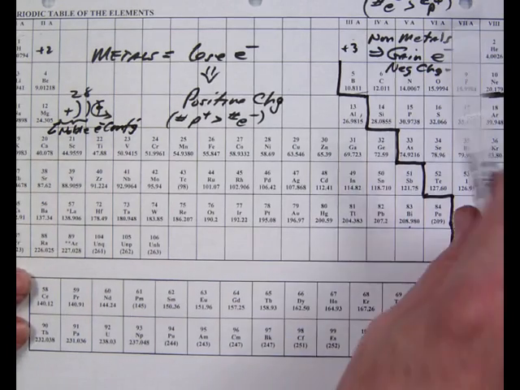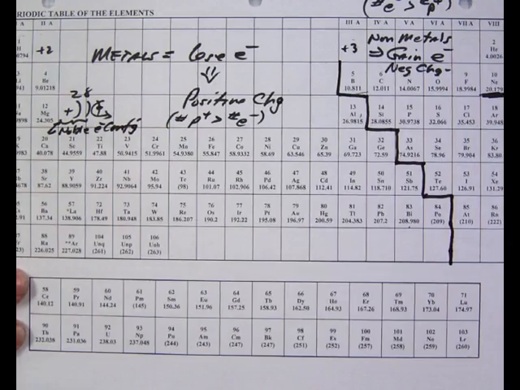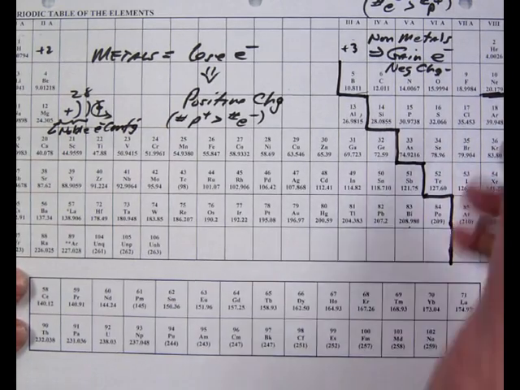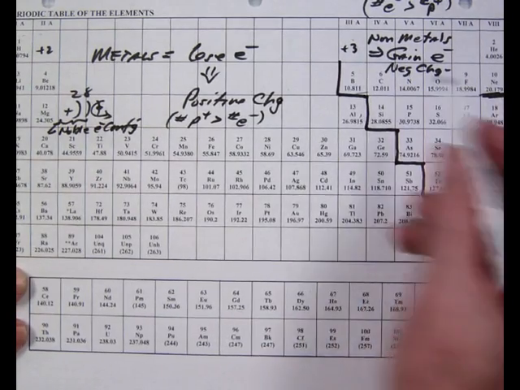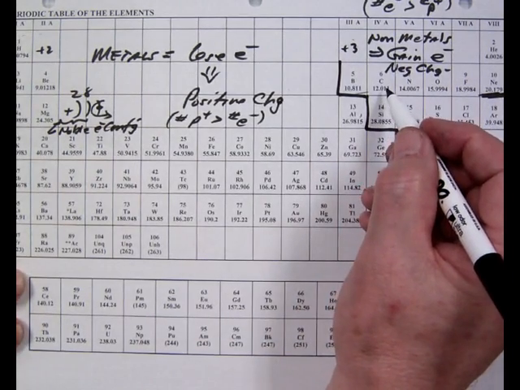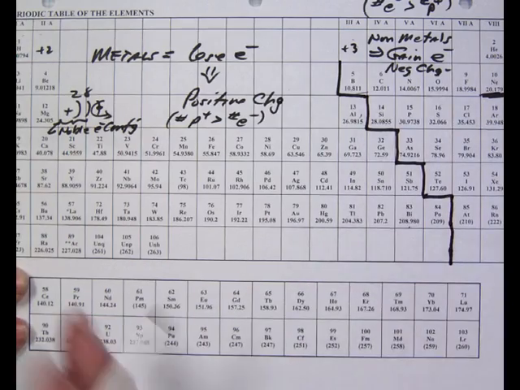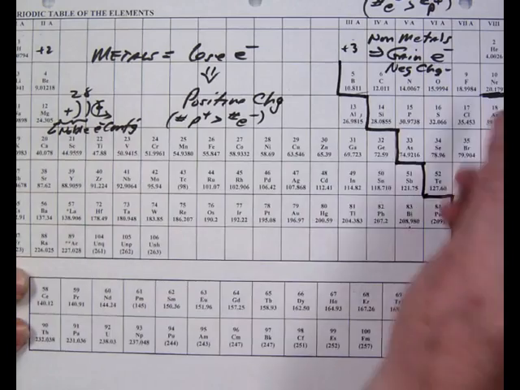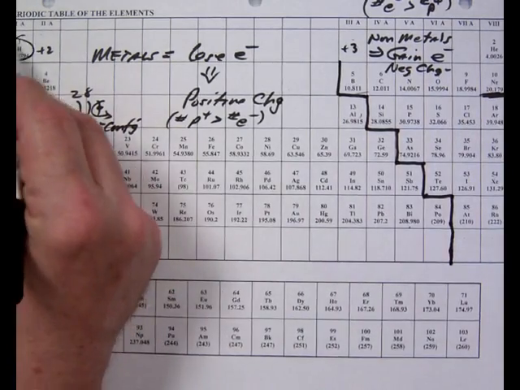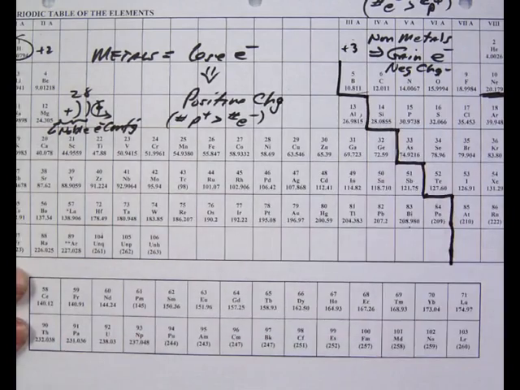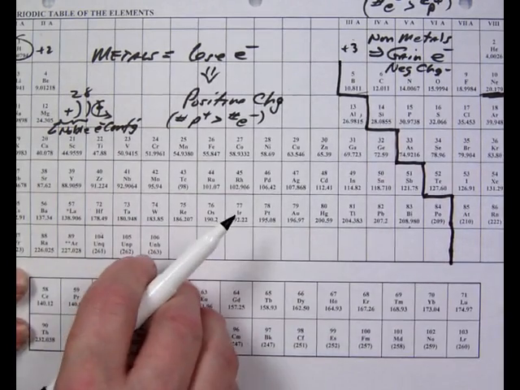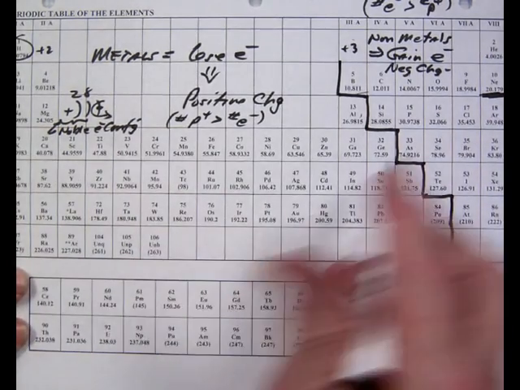Now when we talk again about the nonmetals, they tend to gain electrons and achieve the configuration of the noble gas in the same row. For example, carbon has 4 outer shell electrons. Well, the octet rule says it can only hold 8 in the outer shell, as you know. The only exception is, of course, hydrogen, which can go up to 2 in the s orbital. But main group elements can go to 8.